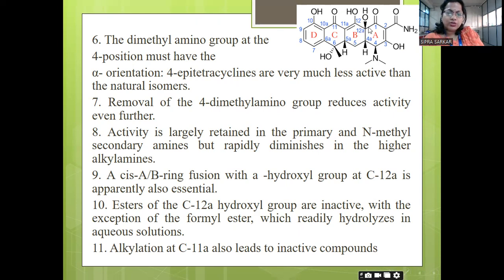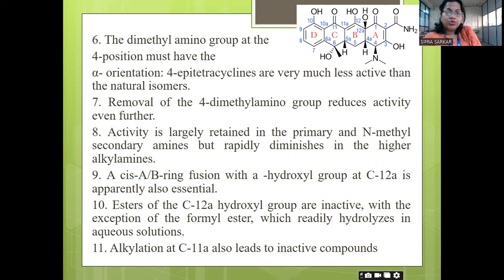At the 12th position, okay, the different R1 and R2 substitutions I have shown you in the first slides. At the 12-hydroxy position, if esters are formed, then it becomes an inactive drug, with the exception of the formyl ester, which rapidly hydrolyzes in the aqueous solution. That means the ester will be hydrolyzed too fast by the aqueous solution.